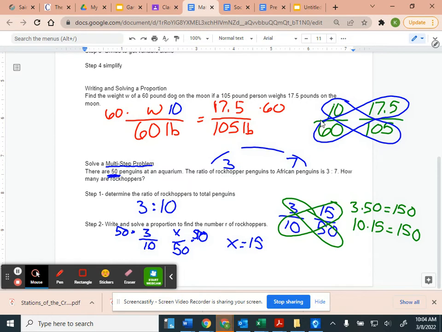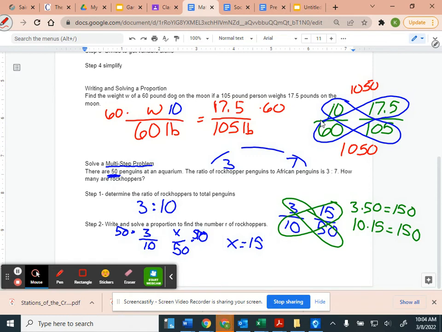So if we do 10 times 105, we get 1,050. And if we do 60 times 17.5, we get 1,050. That's how we check to make sure we set our proportion up correctly.